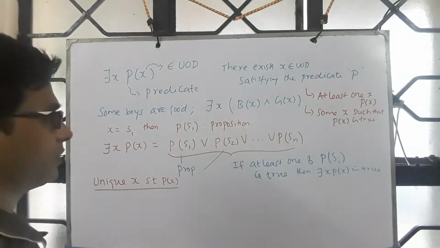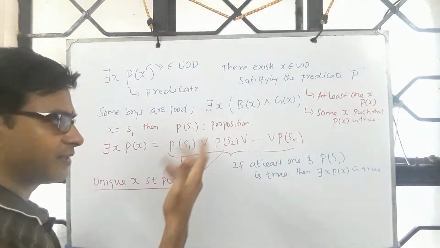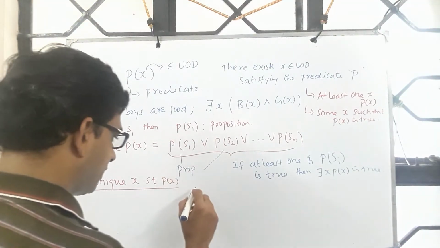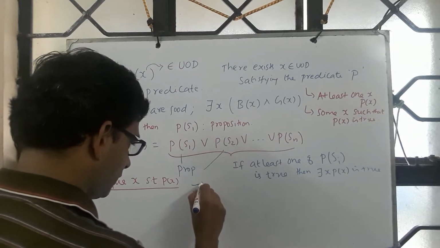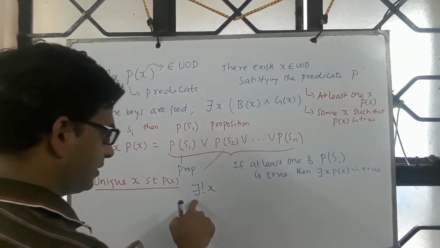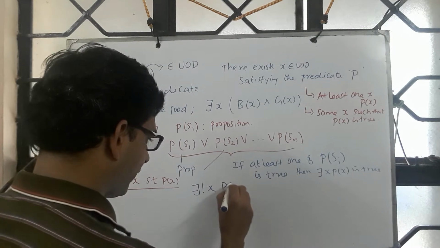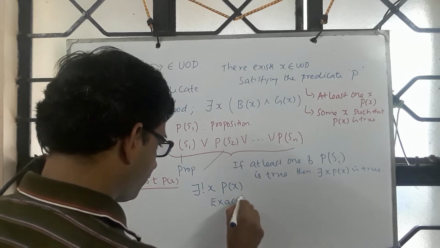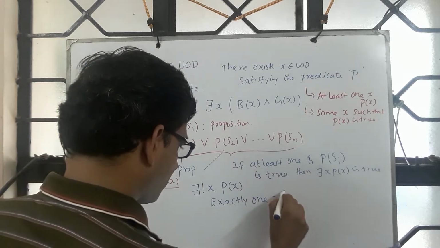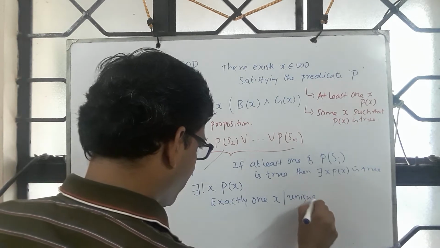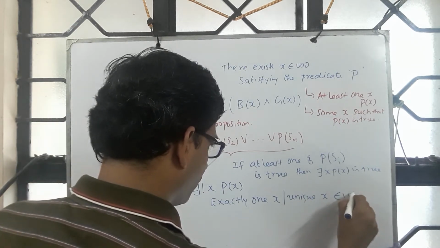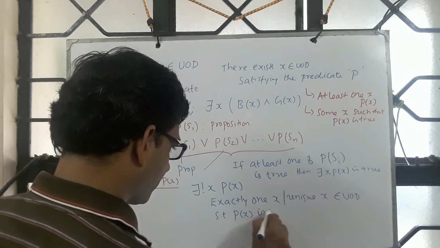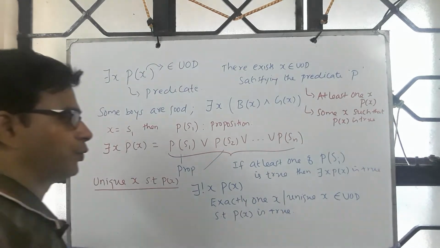The earlier one is at least one x, where more than one x in the UOD may satisfy P. This asks for exactly one. So that is there exists, with an exclamation mark, x, p of x, which means exactly one x, or unique x, belonging to UOD such that p of x is true.